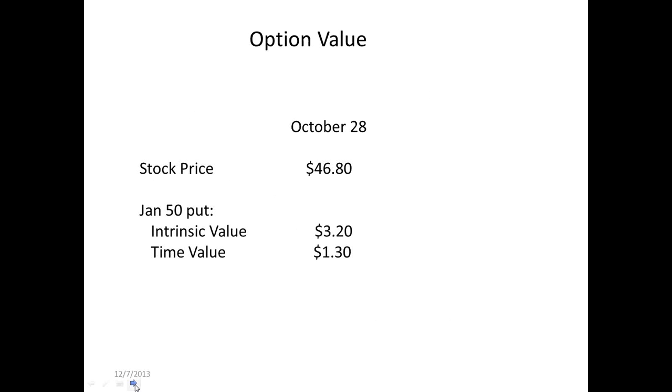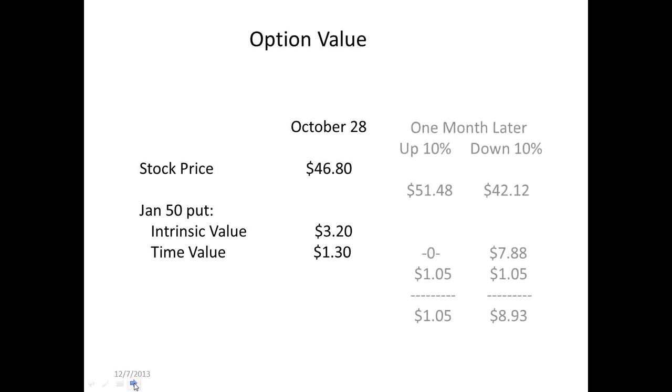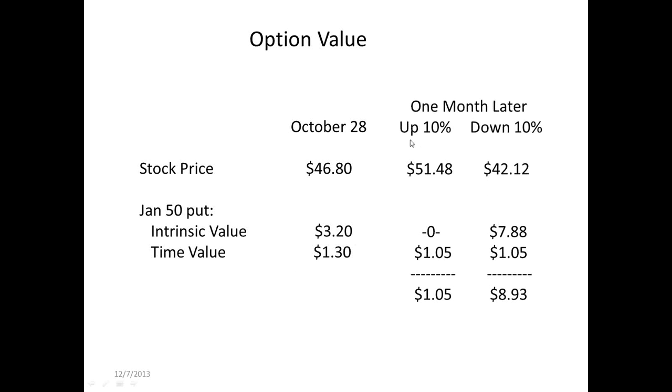Now let's take a couple scenarios. Here's our stock price at $46.80 and our option for $4.50 with intrinsic value and time value. I'm going to look at 2 different scenarios, one where the market goes up 10% and one where the market goes down 10%, and watch the effect it has on the January 50 put. 1 month later, if it goes up 10%, it'll be trading at $51.48.